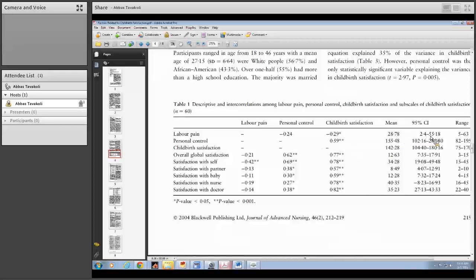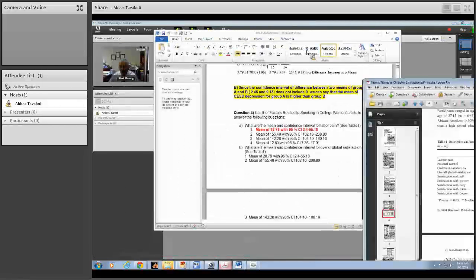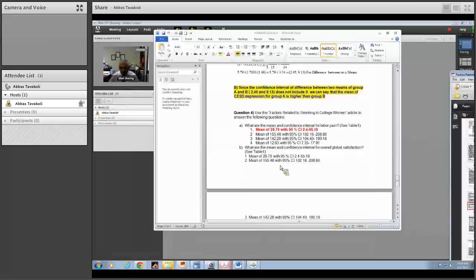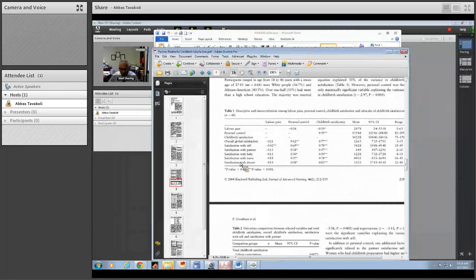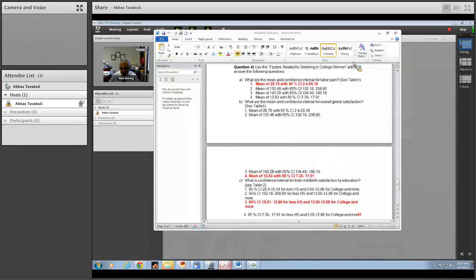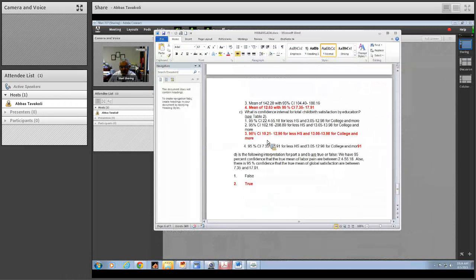The confidence interval is 2.4518. So that's the correct answer. What are the mean and confidence interval for overall global satisfaction? Again, looking at overall global satisfaction, 12.63 and 7.35, 17.91, the correct answer.